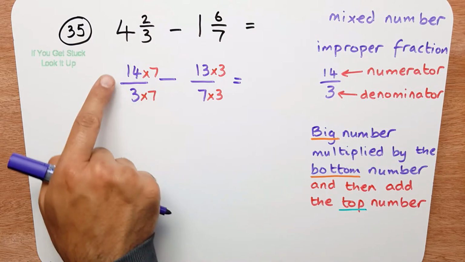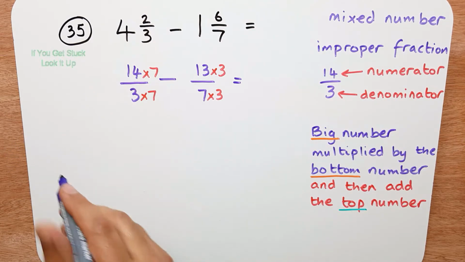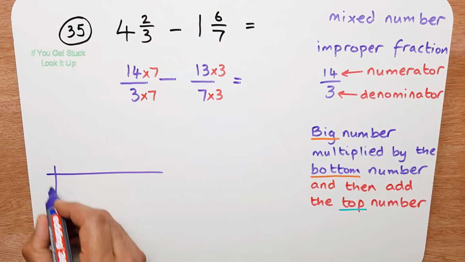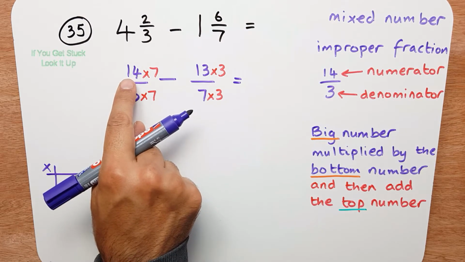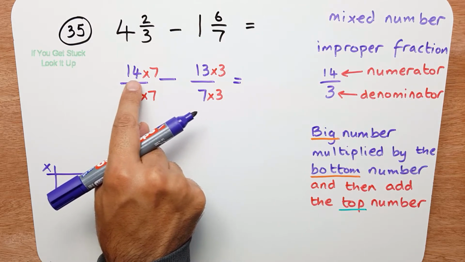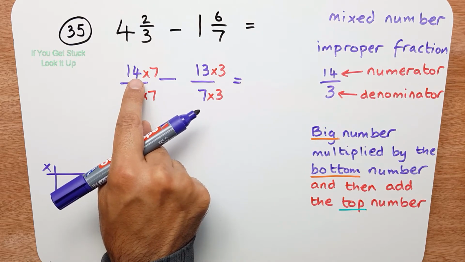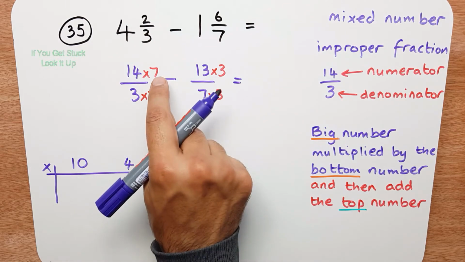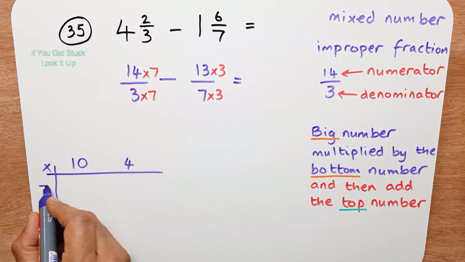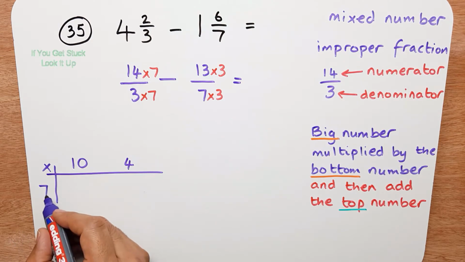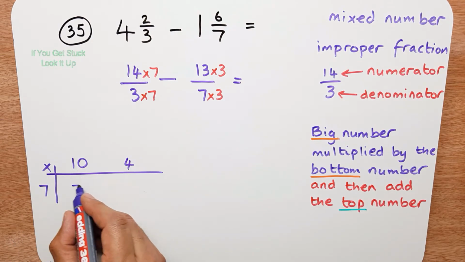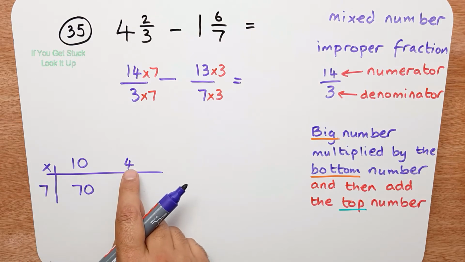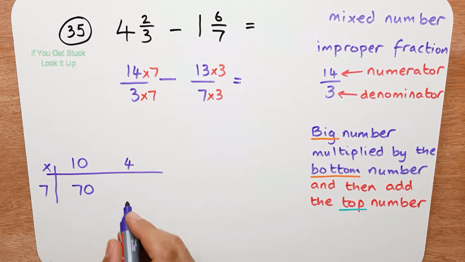So I need to do 14 times 7 first. Let me do that as a grid down here. So 14 I can partition or split up into 10 and 4. And this 7 will go here. 7 times 10 is 70. And 7 times 4 is 28.